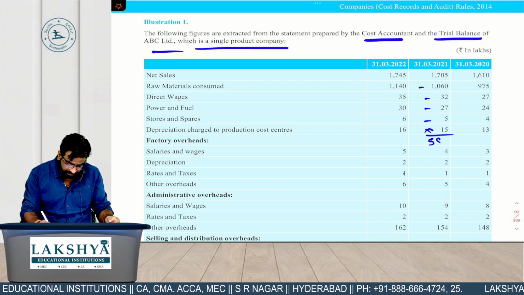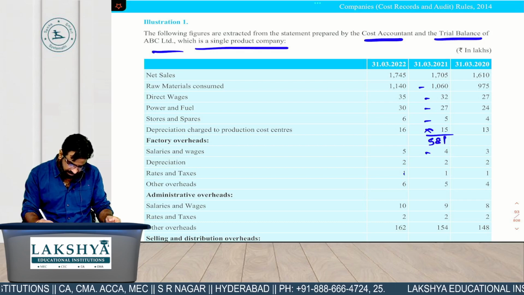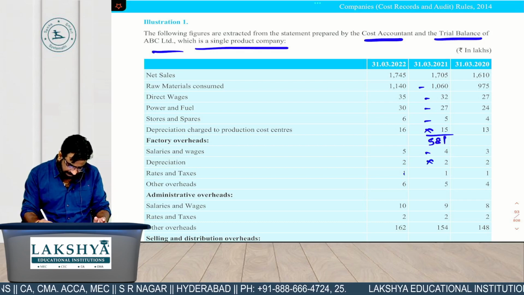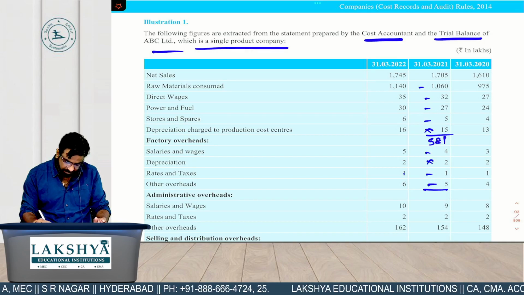5 minus salaries and wages minus depreciation no, minus 1 and minus 5. How much?